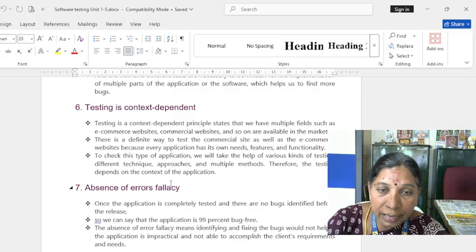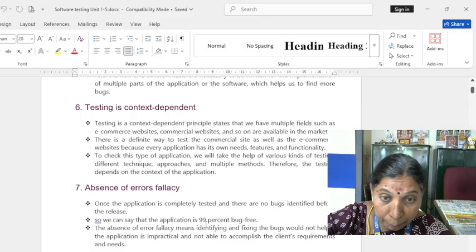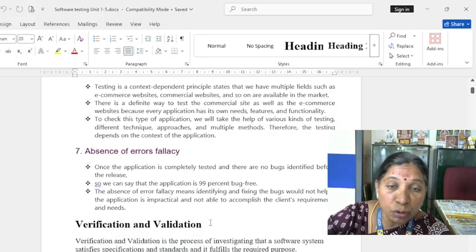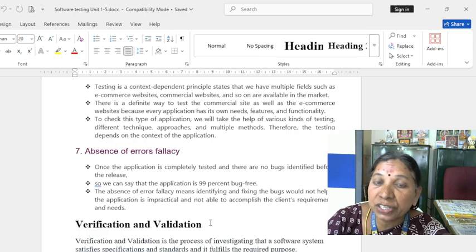So we can say that the application is 99% bug free. But the third important thing is, the absence of errors fallacy means identifying and fixing the bugs would not help if the application is impractical and not able to accomplish the client's requirements and needs.